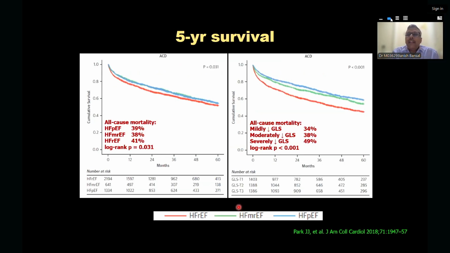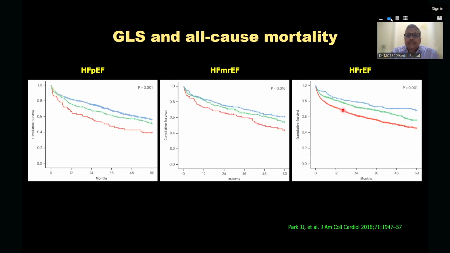Now, what we find here is that when we look at the groups according to LVEF, there was not much separation. But if we look at groups according to GLS, there is clear separation, with patients whose GLS was in the lowest tertile having the worst outcome. And this differential utility of GLS was seen across EF ranges, whether it is HFpEF or mildly reduced EF or HFrEF.